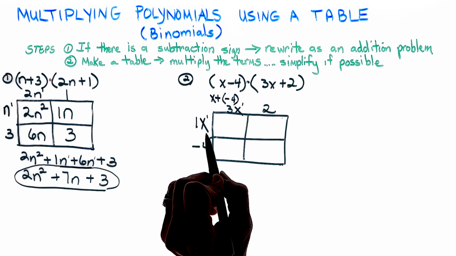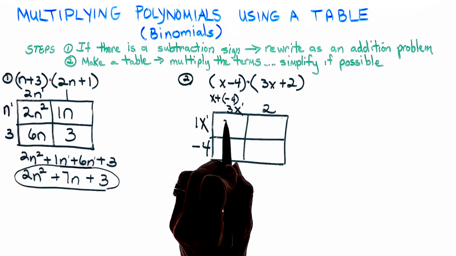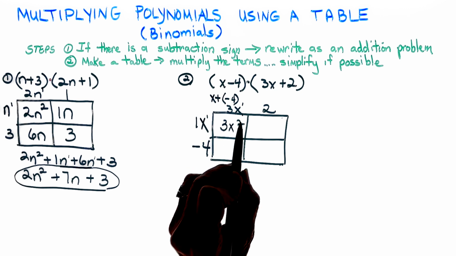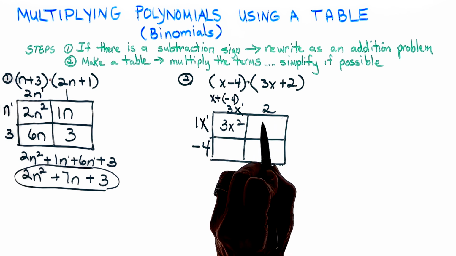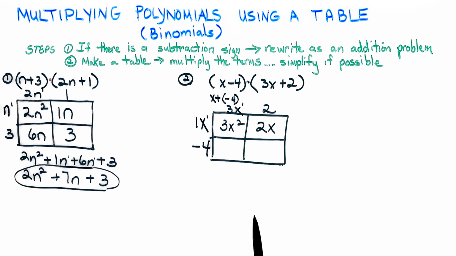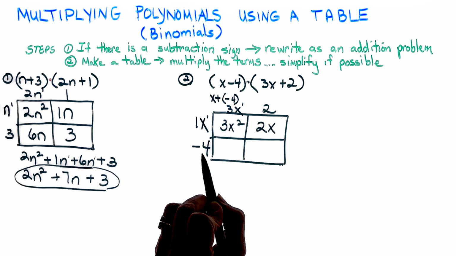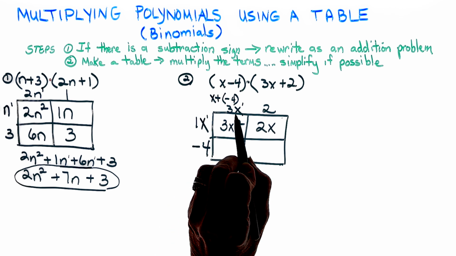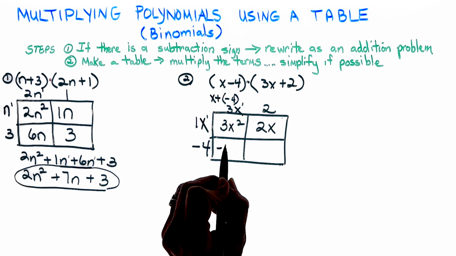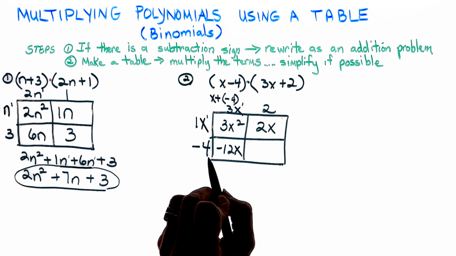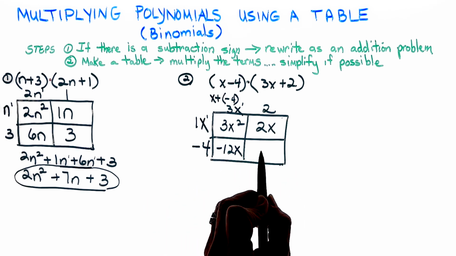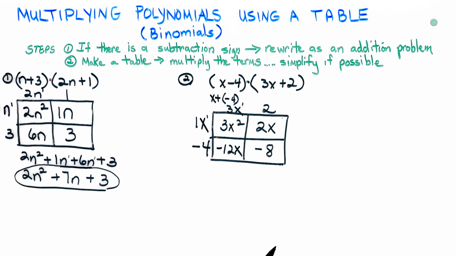So 1x times 3x is 3x squared. My x times 2 is 2x. My negative 4 times a 3x is a negative 12x. And my negative 4 times 2 is a negative 8.